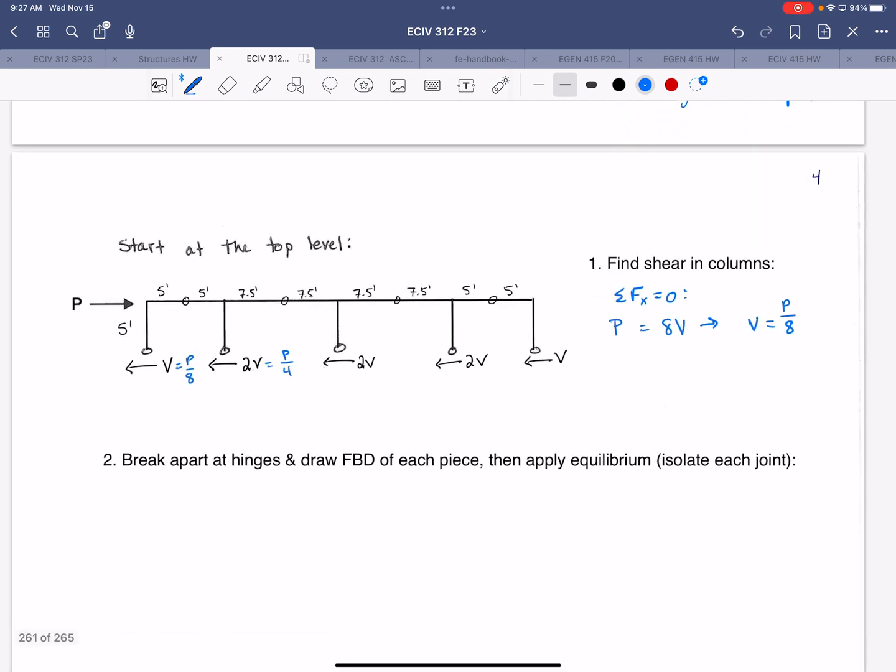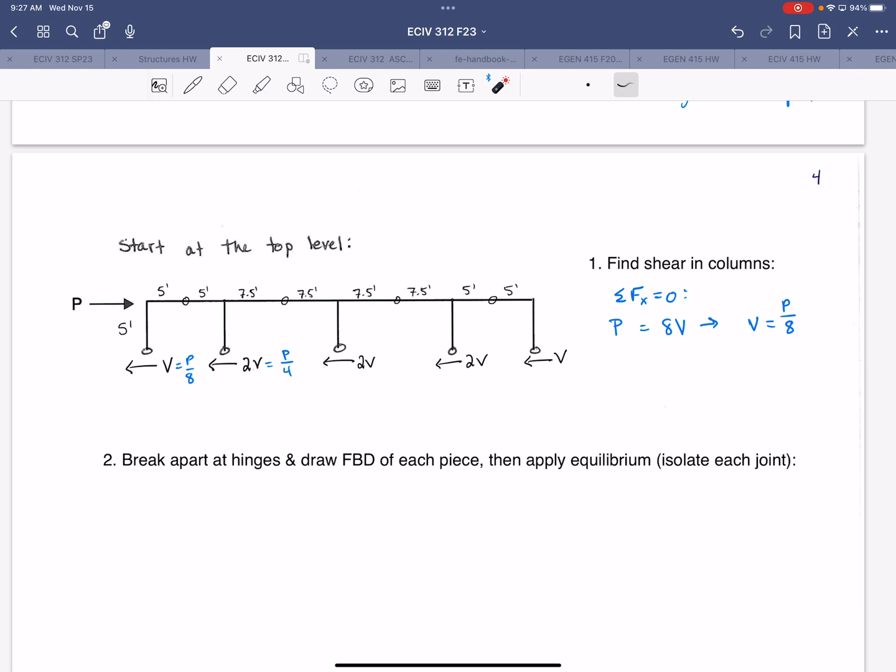Once you have found the shear in the columns in terms of the applied loading, you go through and break each segment apart, effectively isolating each joint. You can think of this as a method of joints for frames, similar to method of joints for trusses, except now you have rigid joints involved.